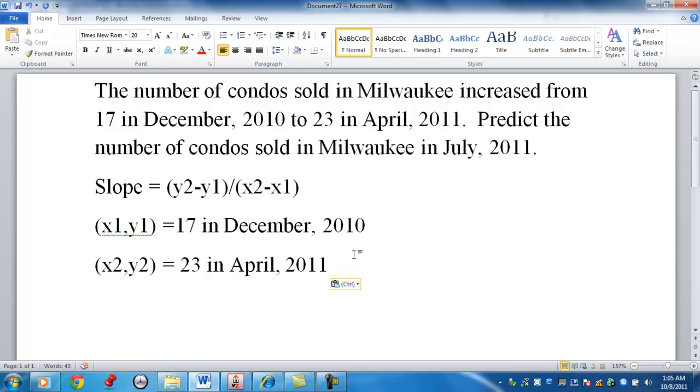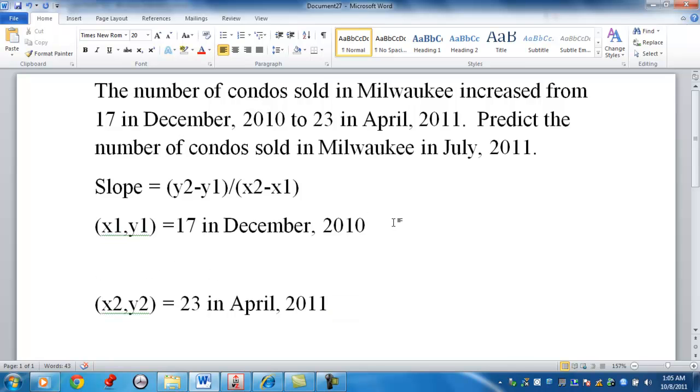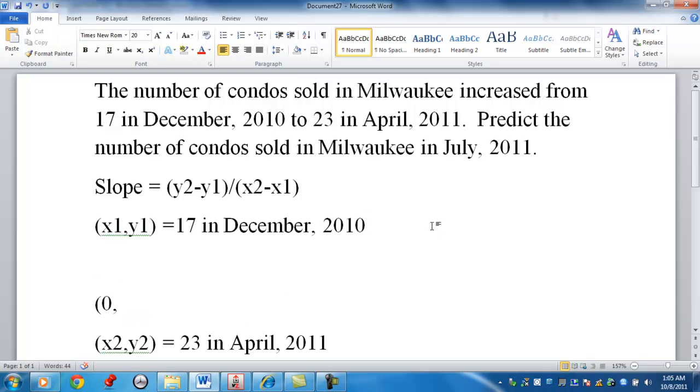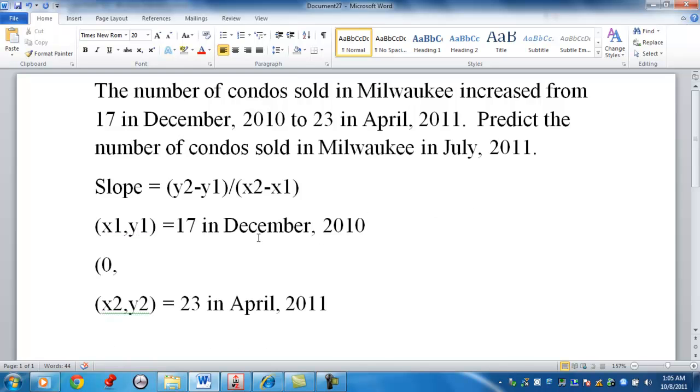So why don't we do this? Let's make a starting point for the first one. We're going to use our timeline as 0, because we'll say let our x1 value be 0, comma 17. That's going to be our starting point for our linear equation.